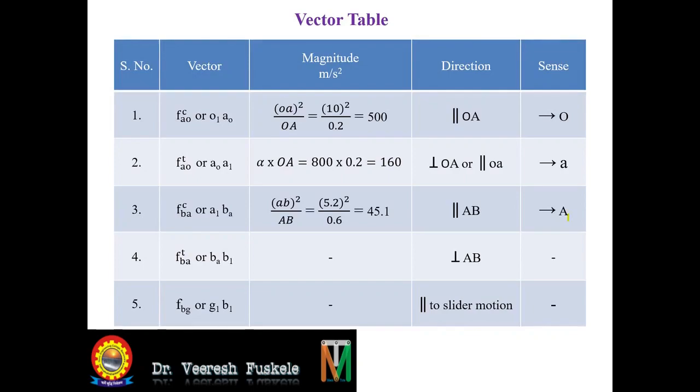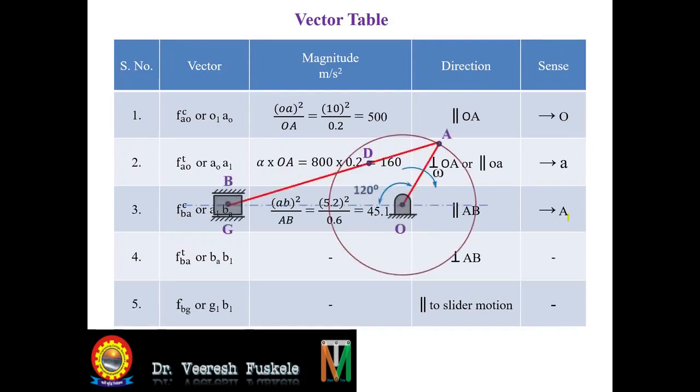So the direction of FBG will be parallel to the slider motion. The direction of the motion of the slider will be along this axis. In this case, it is horizontal. So the direction of acceleration of slider with respect to G will be horizontal in this case.